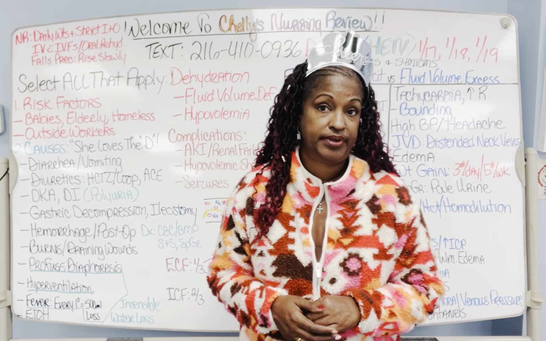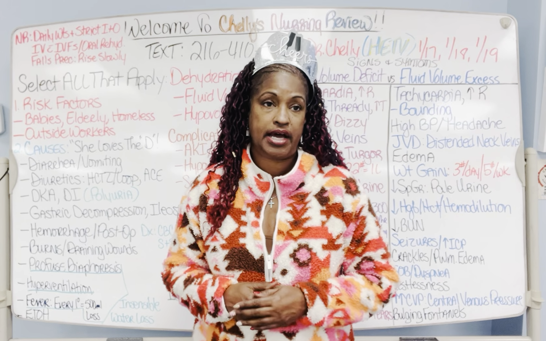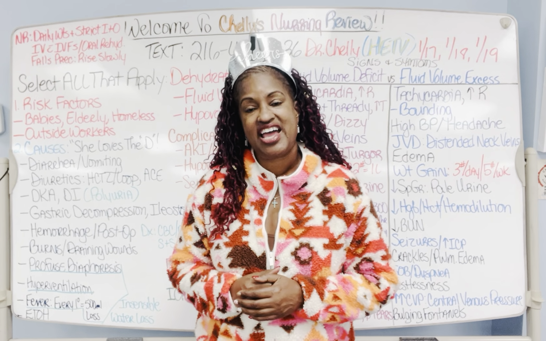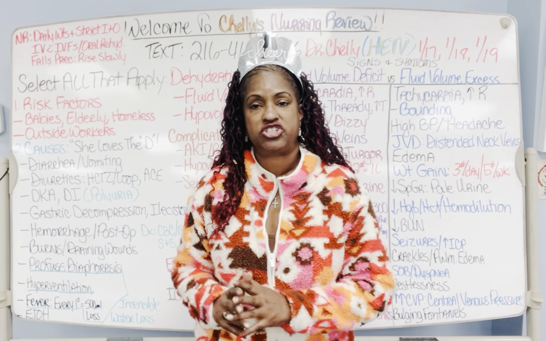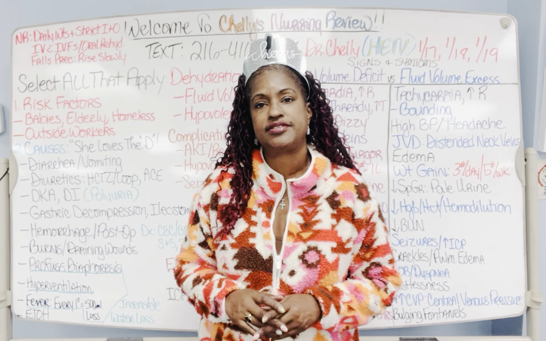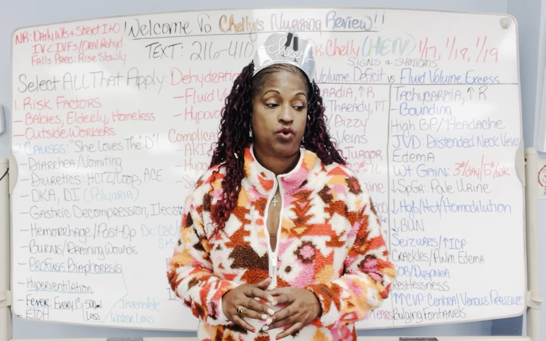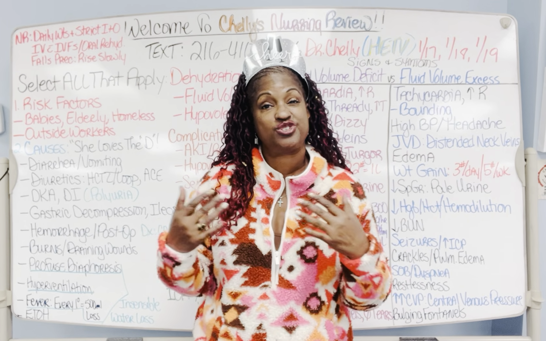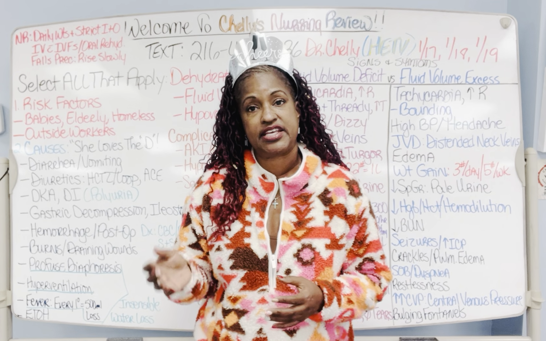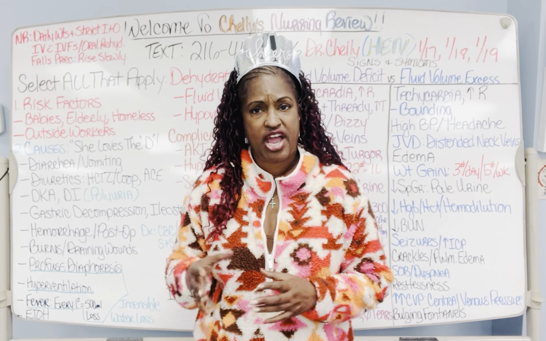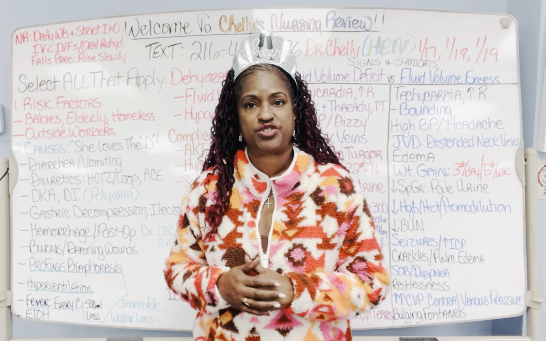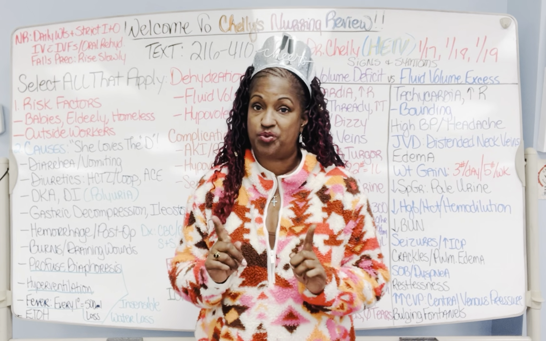Burns is probably the biggest one on a test for dehydration. There is massive fluid shifts, massive fluid loss with burns. You're losing fluid through the tissue. You also are developing blisters all over the body, and if you think of a blister as fluid in the interstitial space, that's not where we want it.